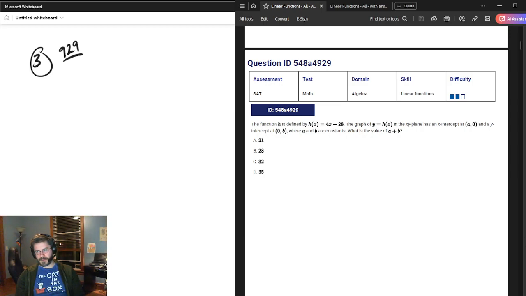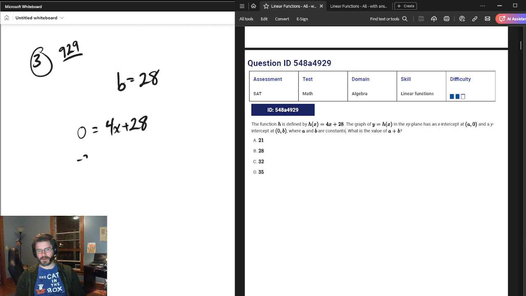So what we're going to do here is just plug in. We know b is 28 by the definition of a y-intercept, because whenever x is 0, you've got the y-intercept, and the y-intercept is that value 28 right there. To get the a value, we plug in y is 0, so 0 equals 4x plus 28.